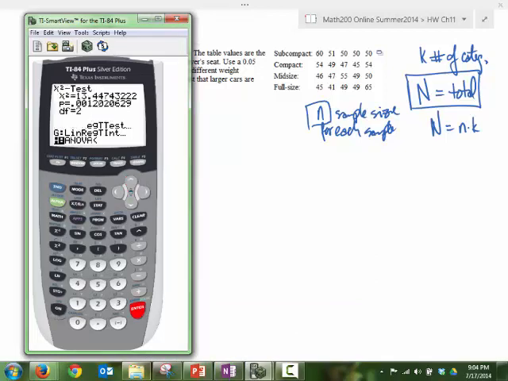When you get to this ANOVA, they have an open parenthesis, and really what you want to do is just put a list of lists. So L1 separated by commas, L2, L3, L4, and then close the parentheses.